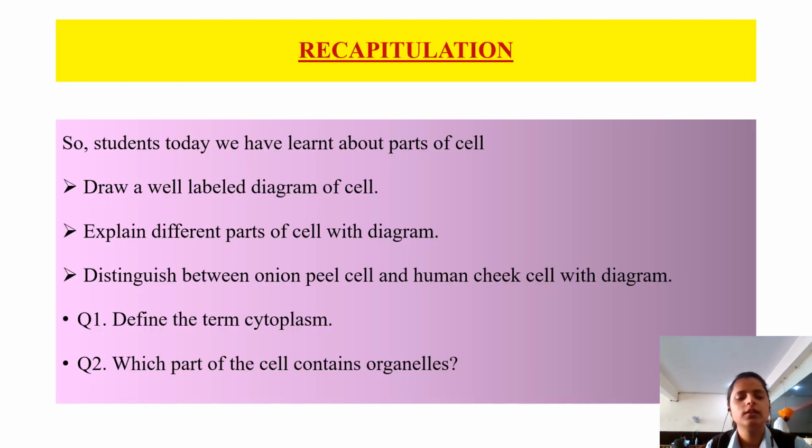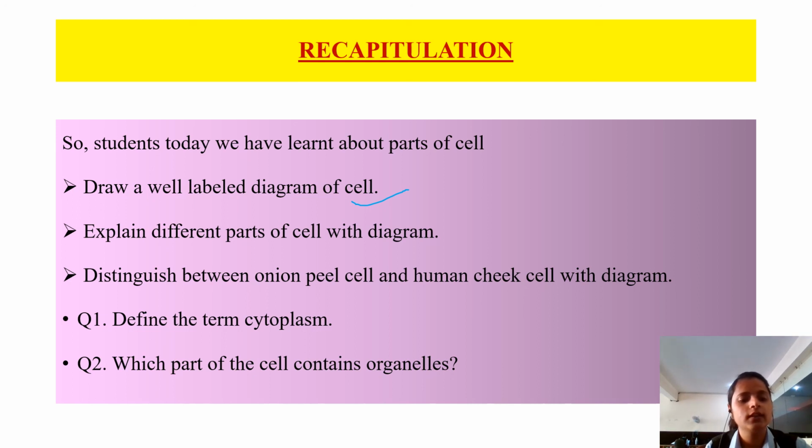Okay, so now the recapitulation part. Let's recapitulate what we have studied today. Students, today we have learnt about parts of the cell. We have drawn a well-labeled diagram of the cell. We have also labeled the parts of cells, explained different parts of cells with a diagram, and distinguished between onion peel cell and human cheek cells with a diagram.